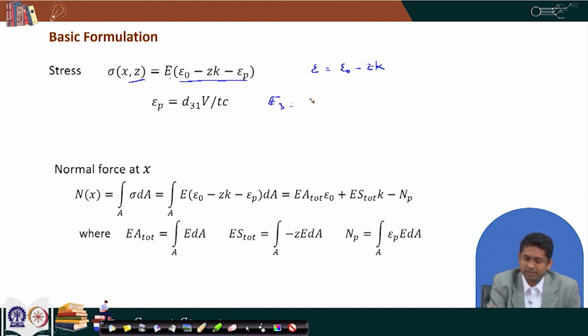So, E3 is equal to V by T c as we saw, and if I multiply this quantity with the D3 one, that gives us the free strain, and we get the stress here.